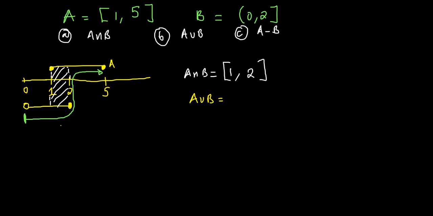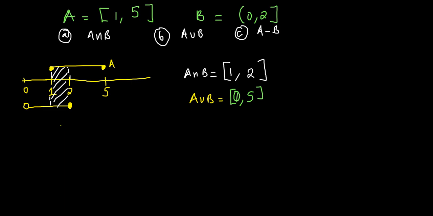So actually we are starting from 0, not from 1, because it is a combination of this and also this. So the combination is from 0 up to 5.